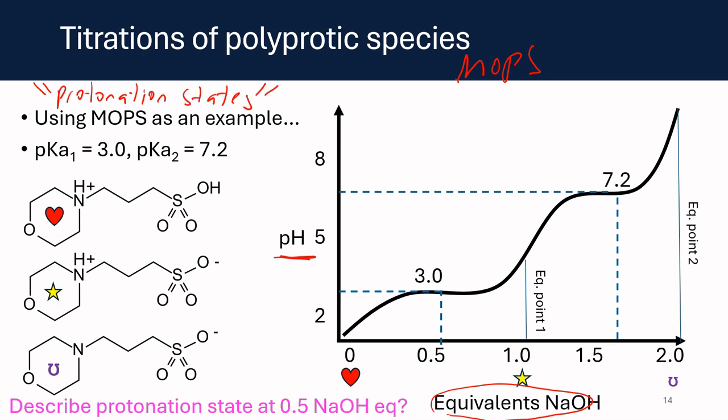How do these protonation states change? Well, let's start at the beginning of our titration experiment, right over here where there's a heart, okay? And at the heart, we have practically no base in the solution, and it is quite acidic, okay? So think of it this way. What do our surroundings look like?